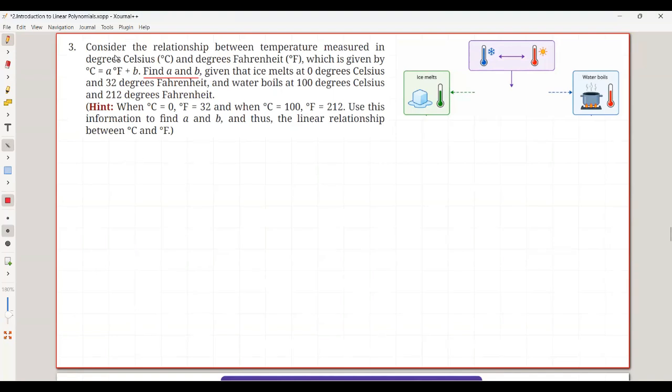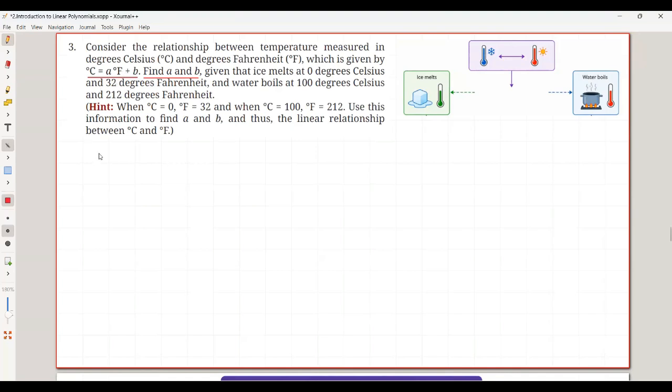So how to form the linear equation? The condition is given here: degree Celsius is equal to a into degree Fahrenheit plus b. First, you can go with ice. Ice is 0 degrees Celsius and 32 degrees Fahrenheit. In the place of degree Celsius, you have to take 0, and for Fahrenheit, you have to take 32.